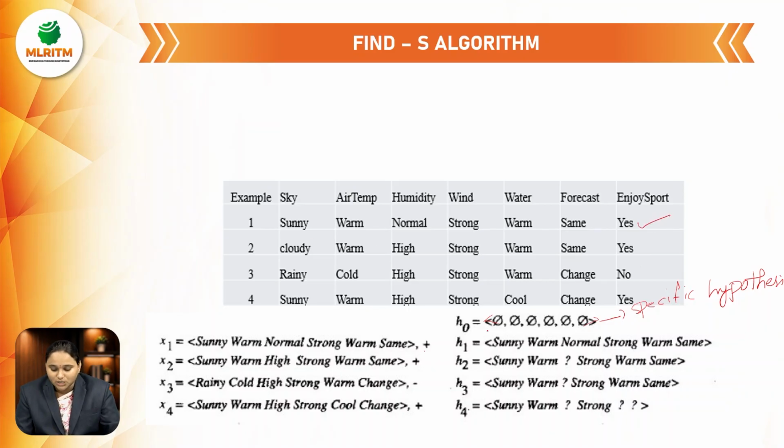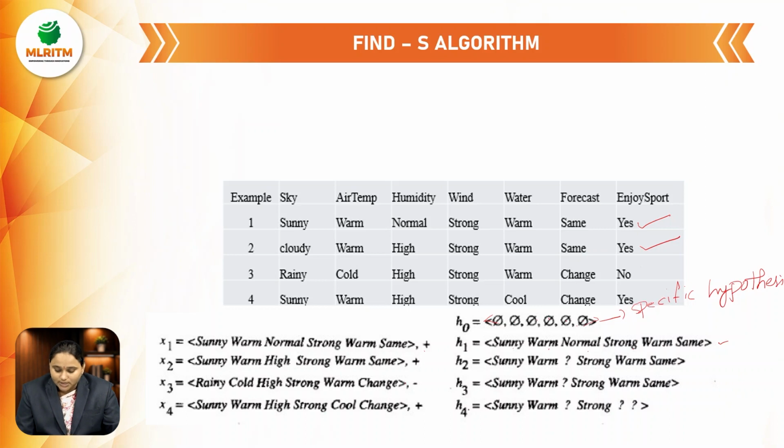Then we replace phi with sunny, in place of phi warm, in place of phi normal, in place of phi strong, in place of phi warm, in place of phi same. We have written these.